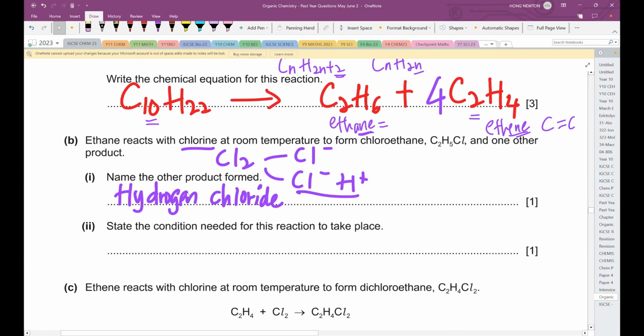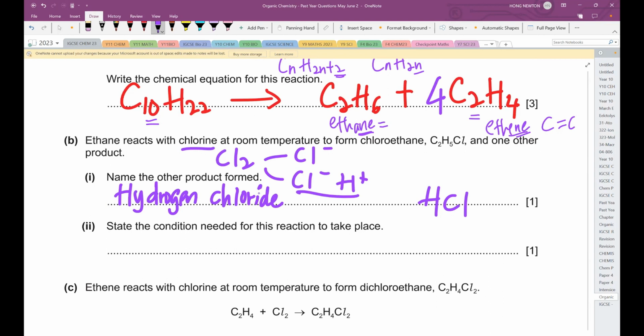So another product formed will be hydrogen chloride gas, HCl. If it dissolves in water, it becomes hydrochloric acid. So HCl is the hydrogen chloride gas.